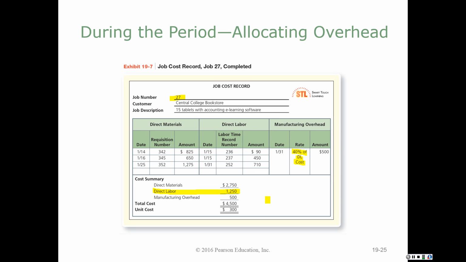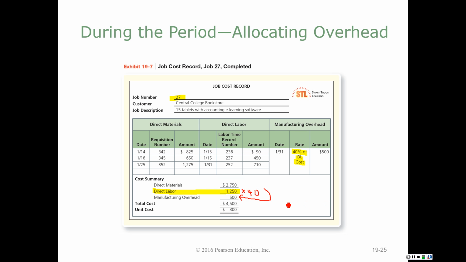If our allocation rate is 40% of labor cost, then let me go back and see if I can write for you here. Simply what we've done is said 1,250 times our allocation rate of 40% equals $500. Okay? As sloppy as that is, hopefully it helps.